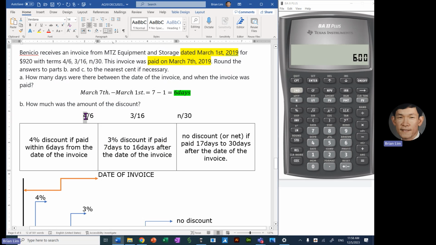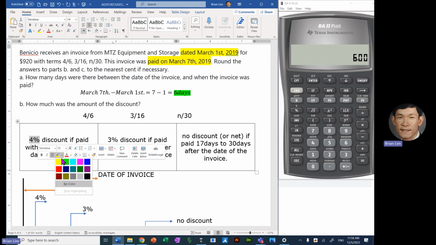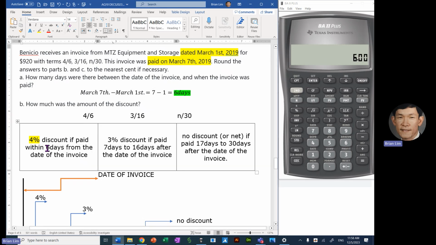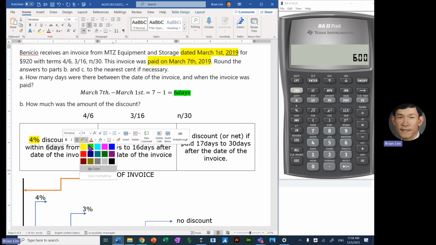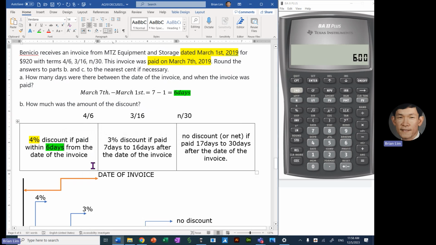So the first number relates to the percent, and the second number relates to the number of days after the date of the invoice until it was paid. So let's use a different color just to distinguish between the 2 numbers.